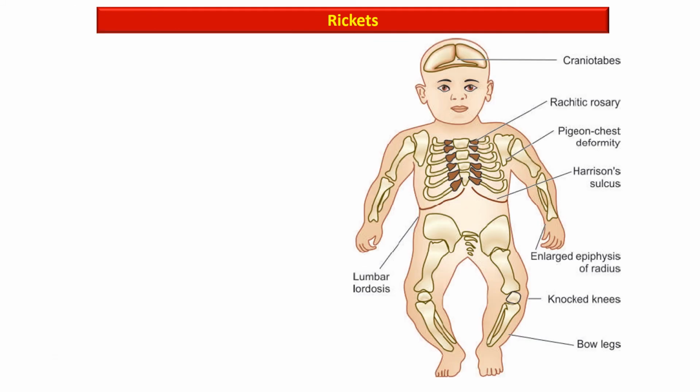This picture is showing bowing of the legs due to formation of poorly mineralized bone, and this illustration is summarizing all the clinical features of rickets: craniotabes, rachitic rosary, pigeon chest deformity, Harrison sulcus, enlarged epiphysis of radius, knock knees, bow legs, and lumbar lordosis.